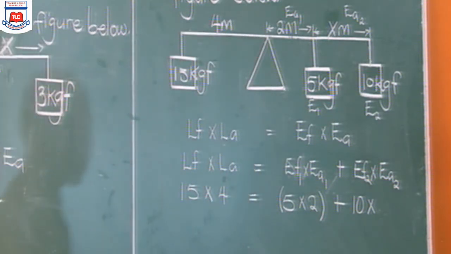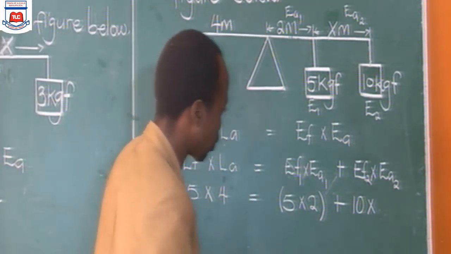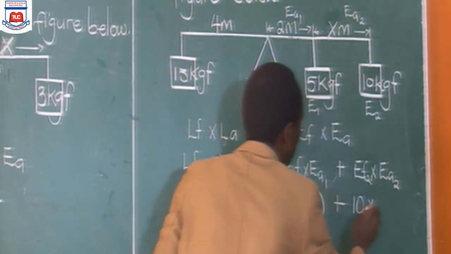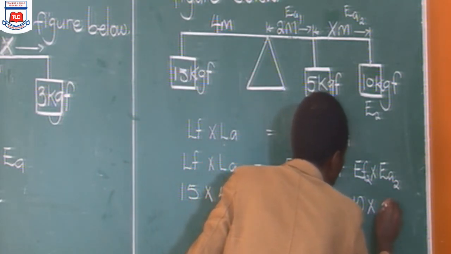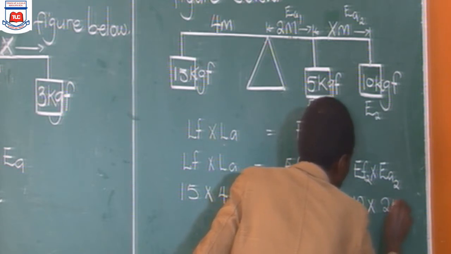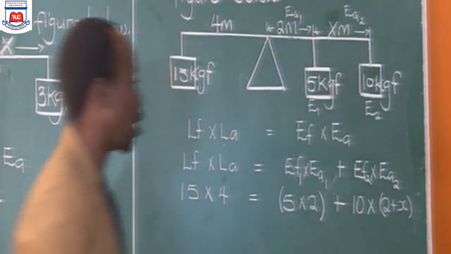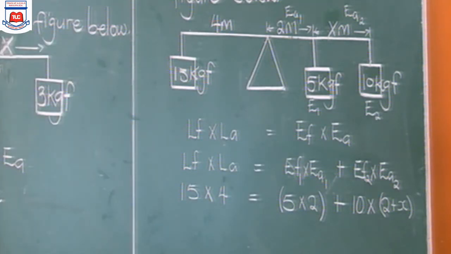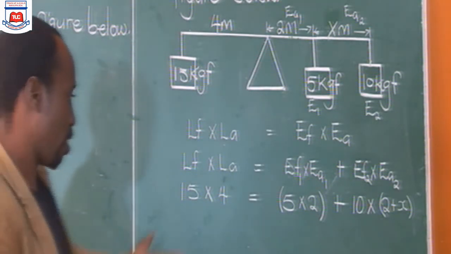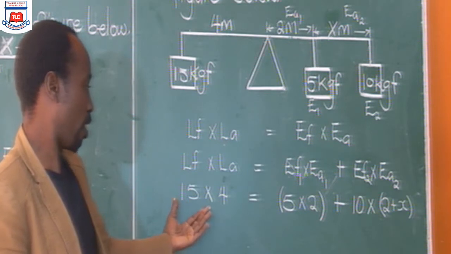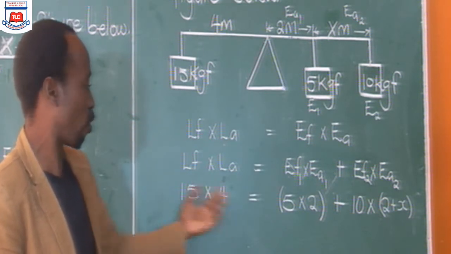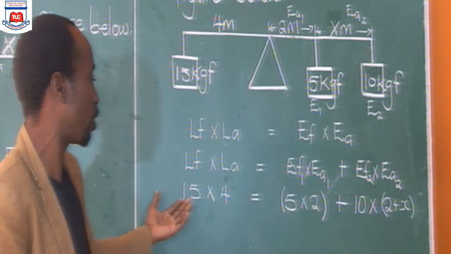Therefore, we are multiplying it by 2 plus x. Still, I told you always introduce brackets such that you don't get confused. All right. We shall multiply here, that is 60. If you can't multiply straight away, I advise use side work.